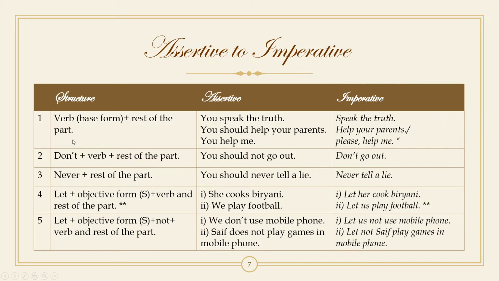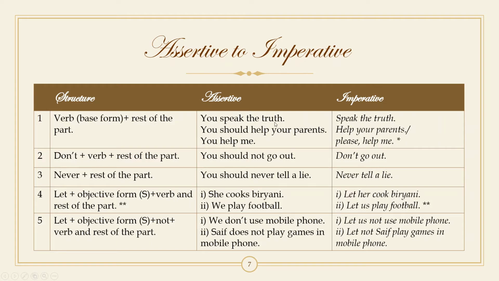Structure 1, 2, and 3. In case of structure 1, 2, and 3, you see that the subject is you. But in case of example 4 and 5, the subject is third person and first person.